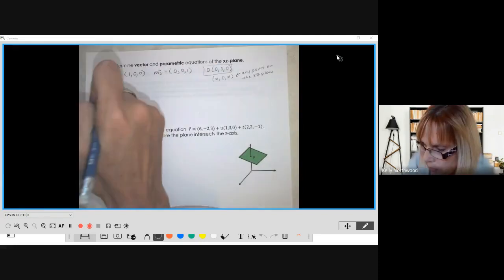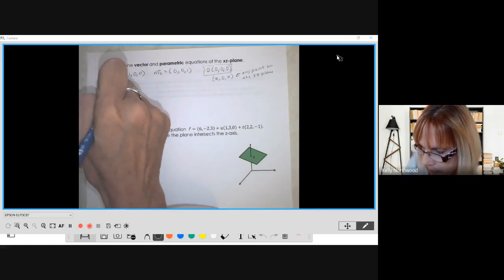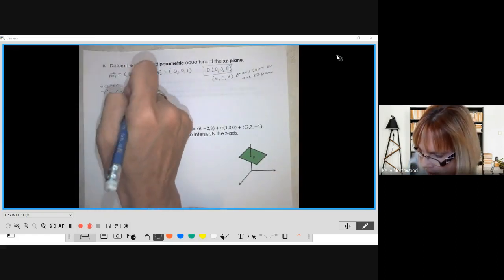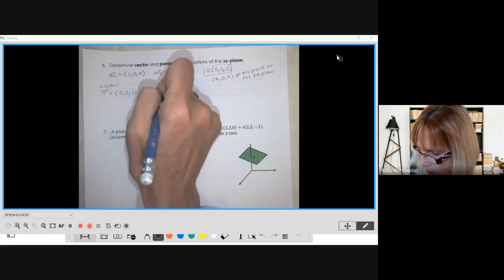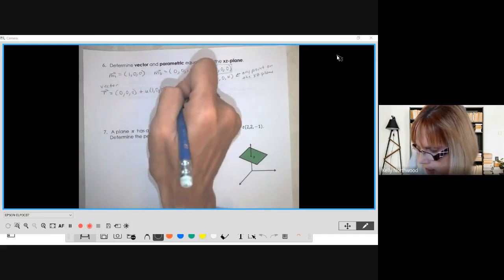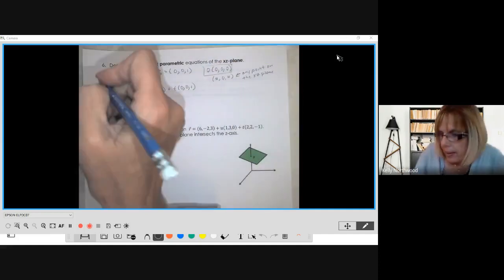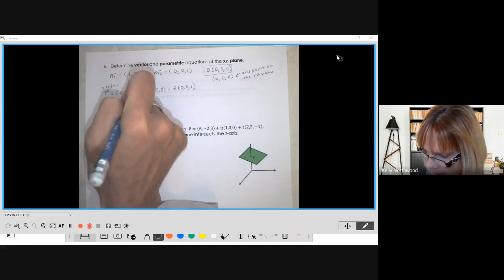And we need vector and parametric. So my vector equation, I'll choose 0, 0, 0 because it's easy, plus u times 1, 0, 0, plus t times 0, 0, 1. And the parametrics are going to look super easy.